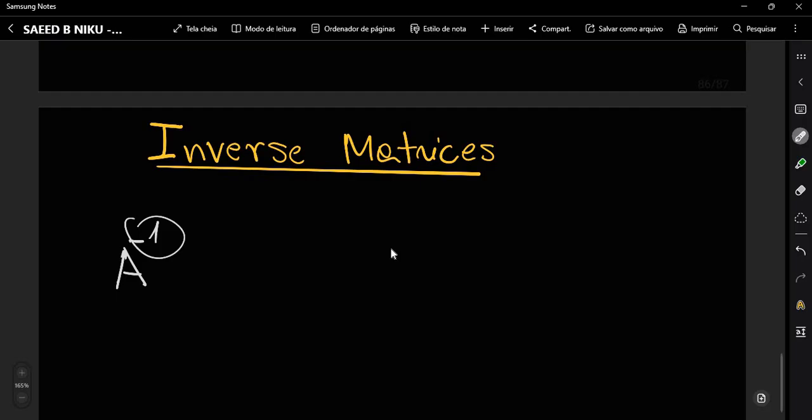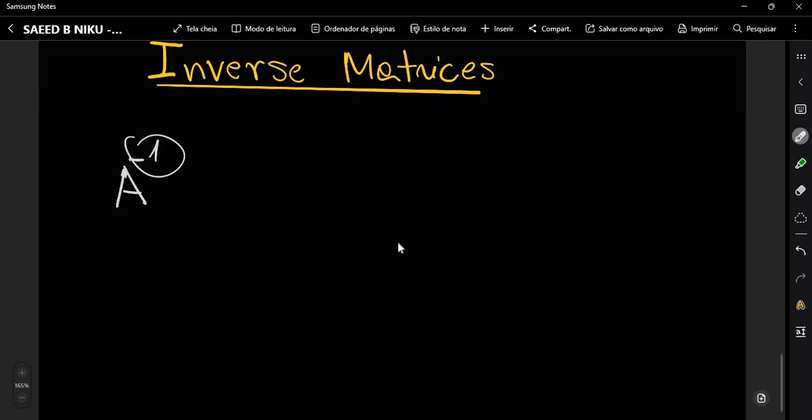We cannot think of this as an exponent. This -1 is not an exponent, it's different from 1 over a.